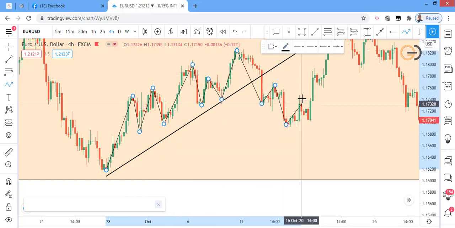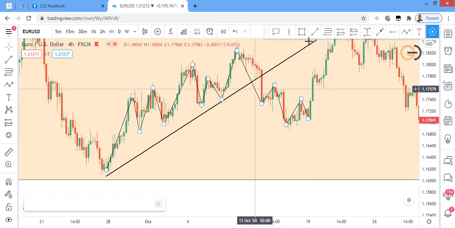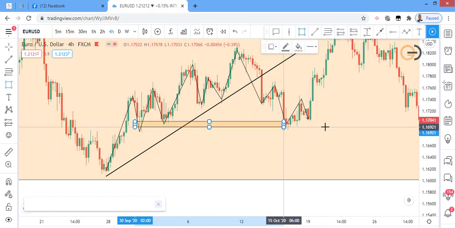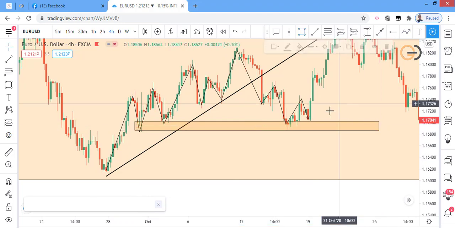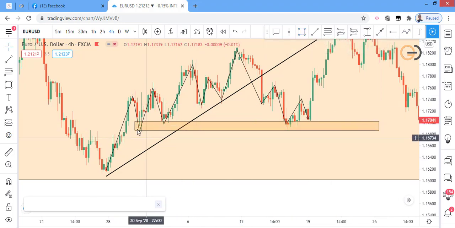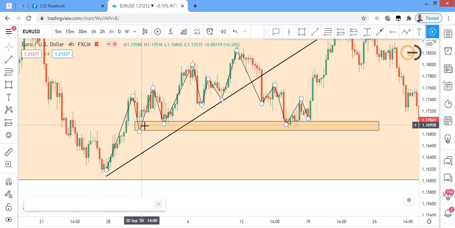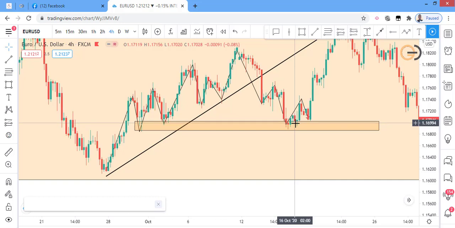But all of this it did, it never broke the previous low, because this is the major low of the market now. This is the first low after this push. It never broke it, which means the trend was still up.